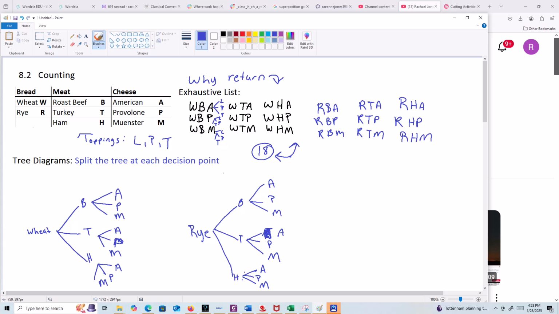Beef, provolone, and lettuce. Well, we would get a beef, a provolone, and a lettuce right here. So that's one possible outcome. And then back over here, we would get beef, provolone, and there would be a lettuce, a pickle, and a tomato. And was it lettuce?